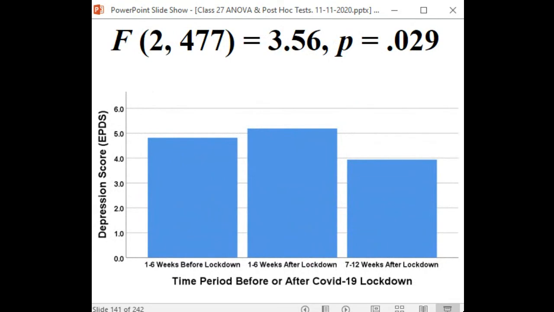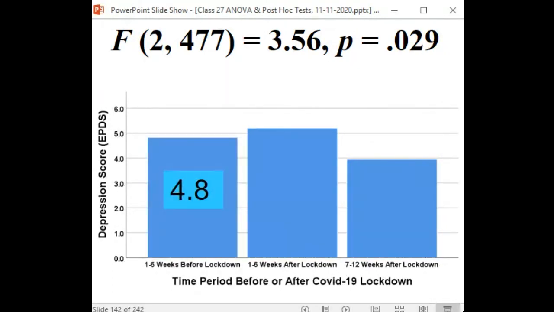So as an example, let's use the findings from the study of depression in pregnant women before and after the COVID-19 lockdown. We already know that F is statistically significant. So we know at least 2 of the means are different from each other. So now we're going to use post hoc tests to see which means exactly are different from each other.